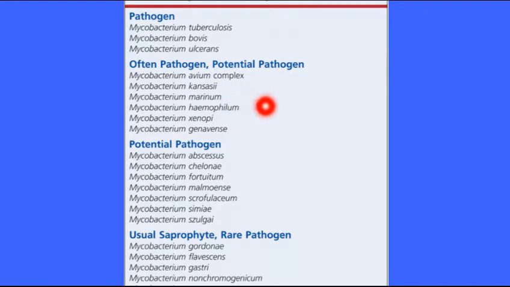Often pathogen or can be a potential pathogen are the following: the Mycobacterium avium complex, Kansasii, Marinum, Haemophilum, Xenopi, Genavense. These are the potential pathogens. They are not really that pathogenic, but they have the potential to cause a disease. The abscessus, chelonae, fortuitum, malmoense, scrofulaceum, simiae, and szulgai.